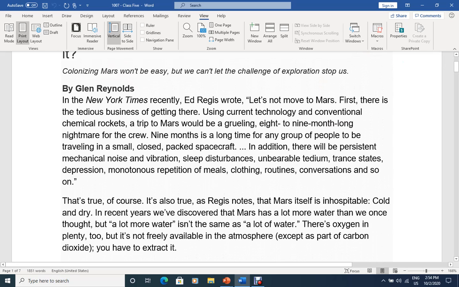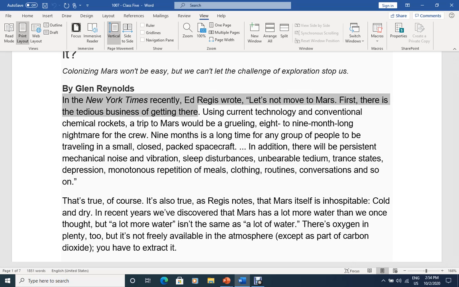So if we think about this article that I had you look at, we can see that the first thing the author is doing as an introduction is talking about another writer. And if you've read the article through and we know the thesis, then we can tell right away, okay, this is a writer that our author, Glenn Reynolds, disagrees with.